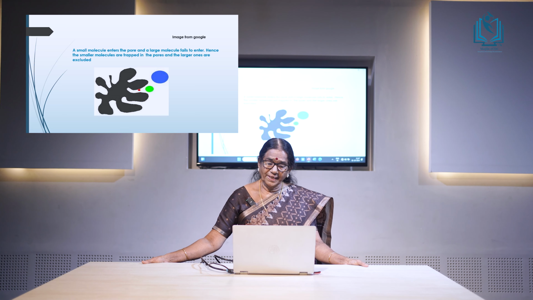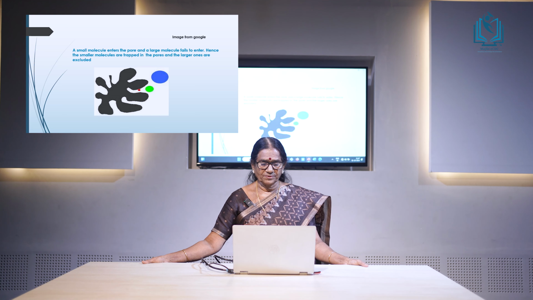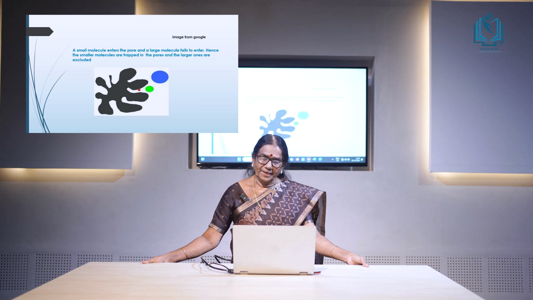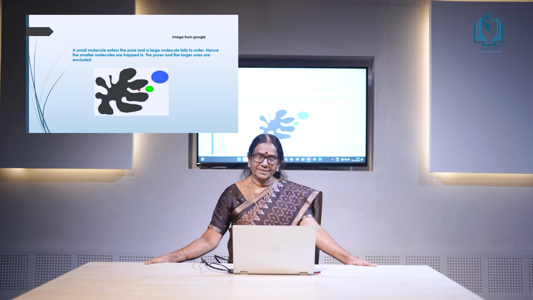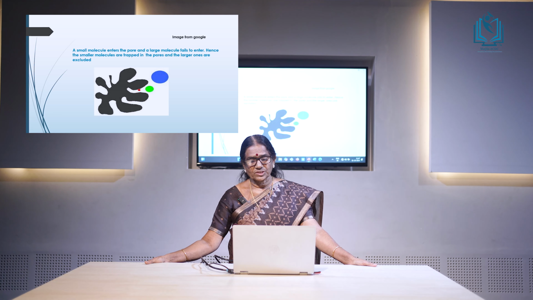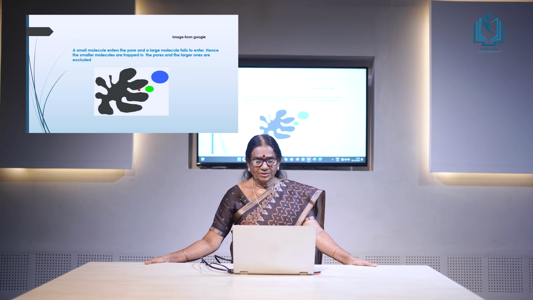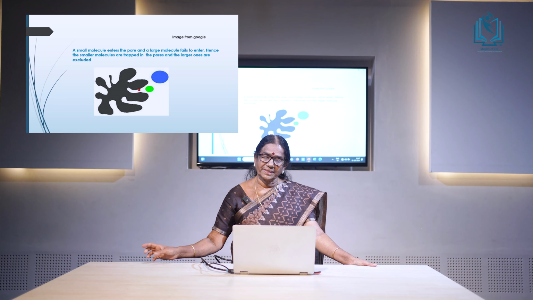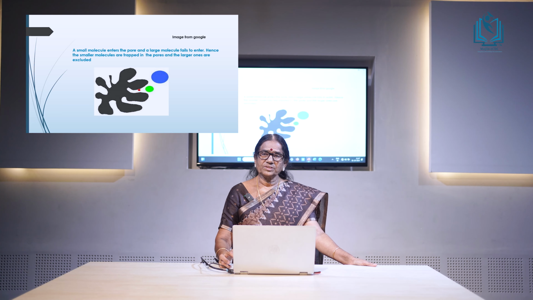This is the bead with the pores on the surface, and you can see that the smallest molecule, that is the red ball, will be entering the pores and it is trapped inside the pores. The blue ball, which is larger in size, is excluded. The green ball, which is intermediate in size, is partially trapped. So, that is what happens when a chromatographic column is filled with the polymer solution.